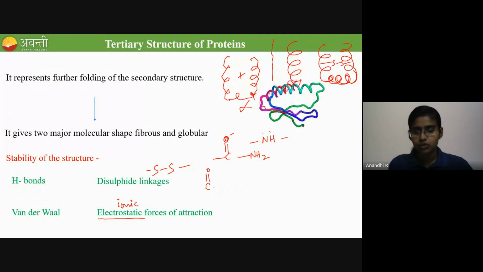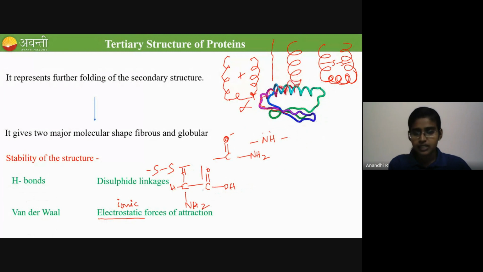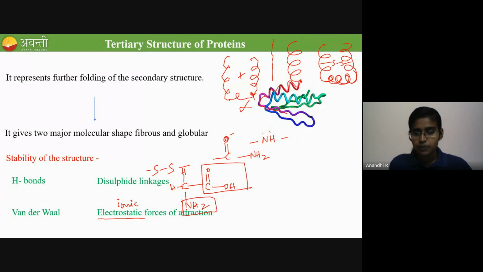In glycine, we have COOH attached to a carbon, and the carbon is attached to NH2, and the other two sites are occupied by two hydrogens. This part is the acidic part, and this part is the basic part. The lone pair on the nitrogen will attack the hydrogen of OH, and the electrons on the bond will move towards the oxygen.